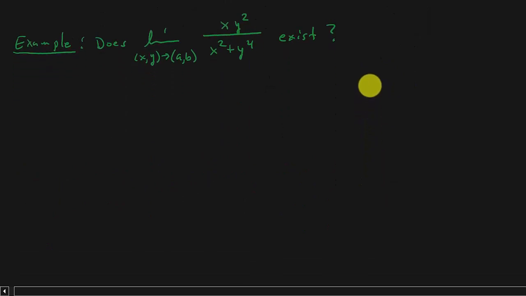All right, so let's look at this one. So we've got xy squared over x squared plus y to the fourth. We want to know, does this exist? So, there are some things that we can look at here.